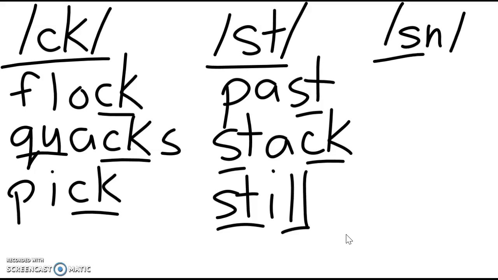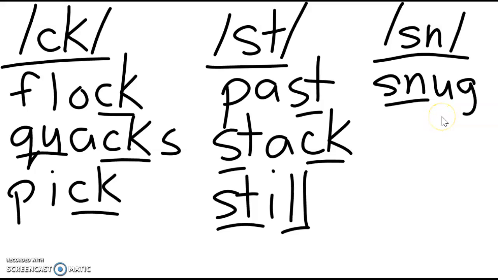Sneak these ones in here. This blend is sn. Sounds, sn. Sound, u. Sound, g. Let's blend. Snug. Word, snug. Sounds, sn. Sound, I. Sound, f.